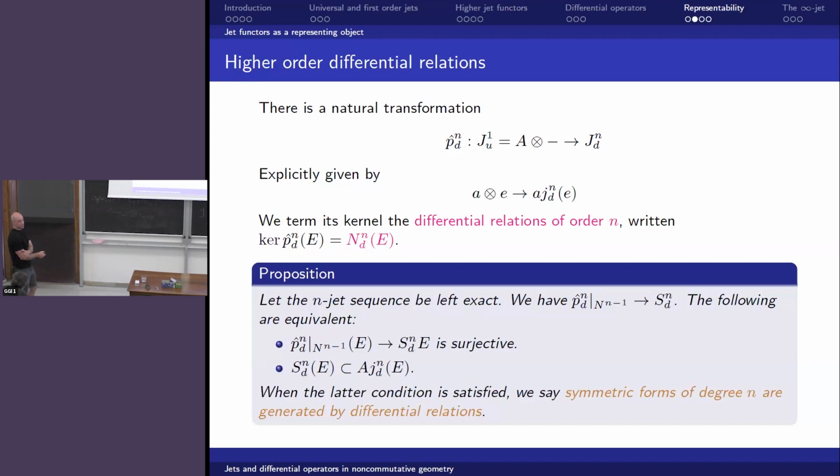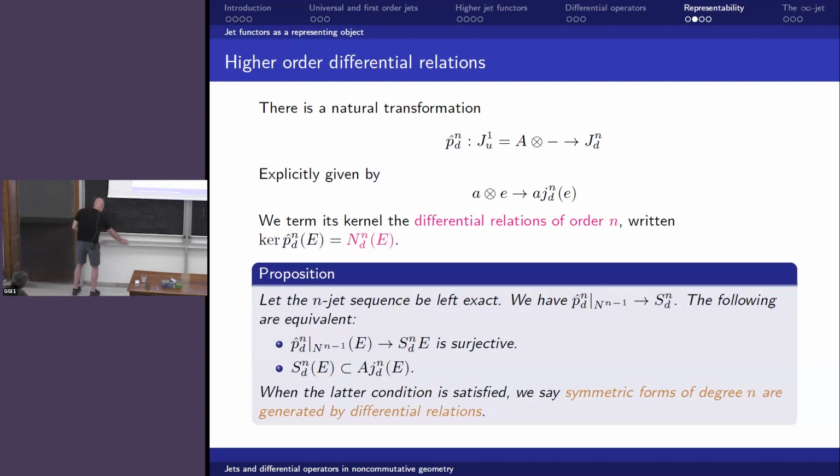So these higher order differential relations are submodules of N_D, which was the kernel of the map from Omega^1_u to Omega^1_D. You end up with a sort of tower of these differential relations.